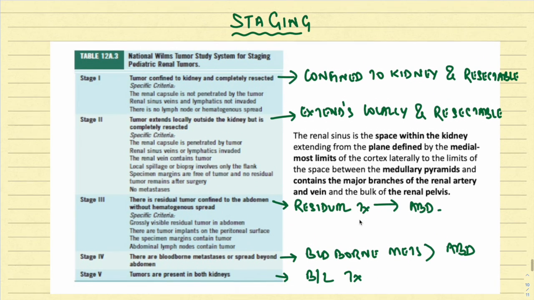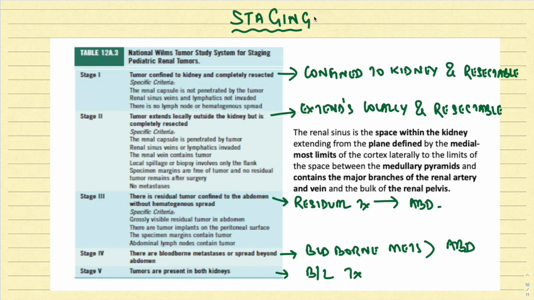Coming to the last section of Wilms tumor, very important is the staging of Wilms tumor. It is very, very easy. There are 5 important stages of Wilms tumor. Stage 1 is when the tumor is confined to the kidney and is completely resected. Stage 2 is when the tumor extends locally, but yet the tumor is completely resectable.